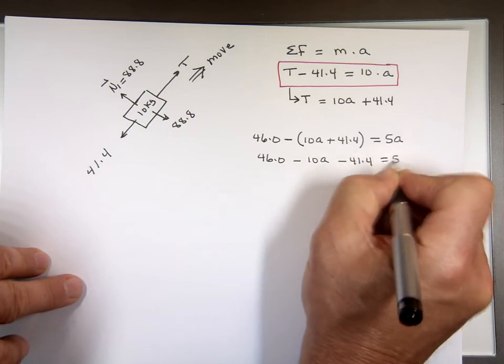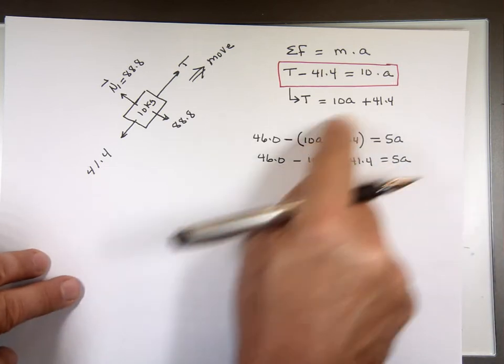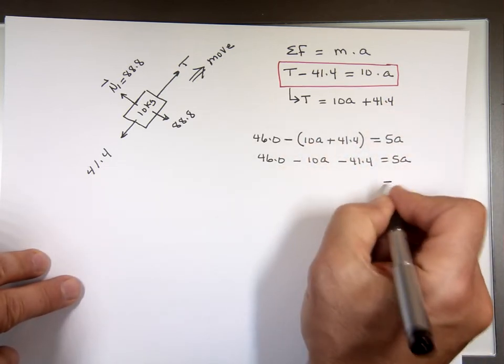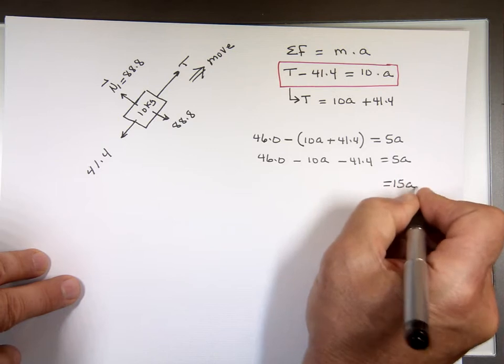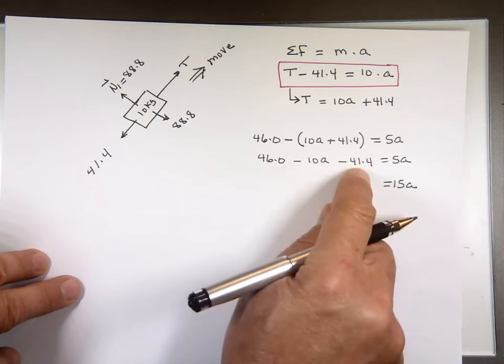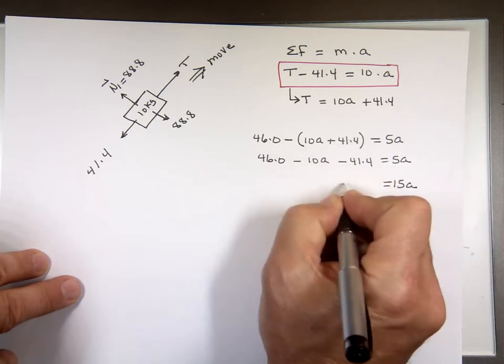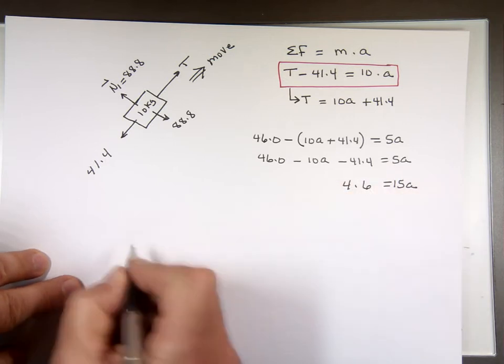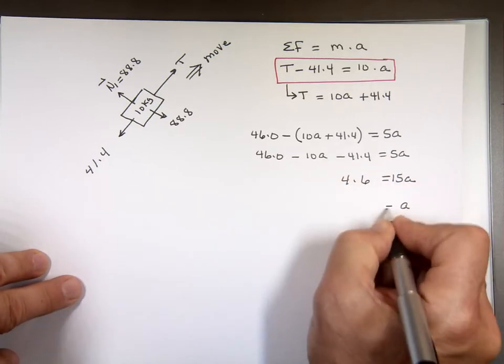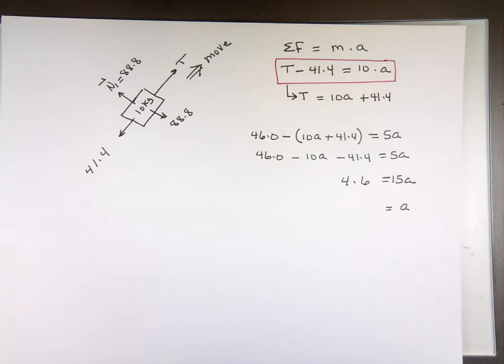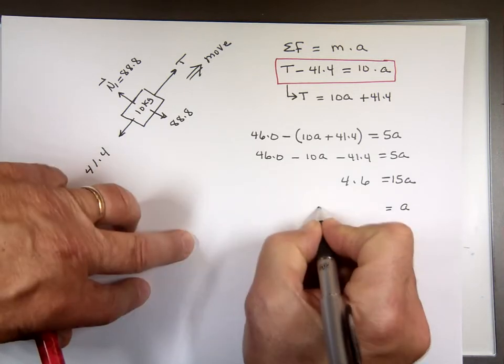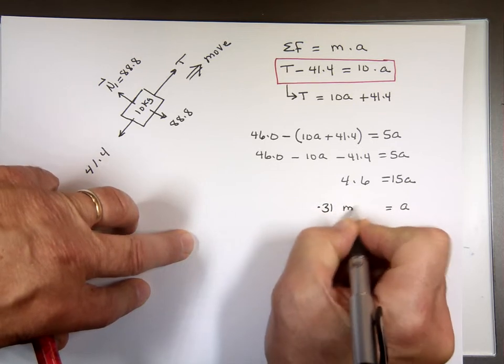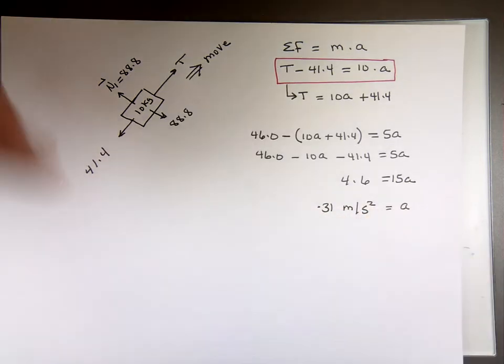Move the negative 10a to that side, becomes a plus. What's 46 minus 41? 4.6. That's 0.31. That's my acceleration.